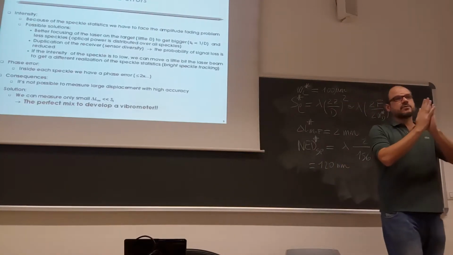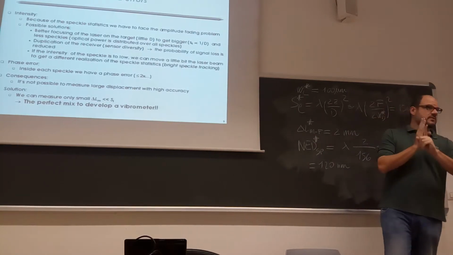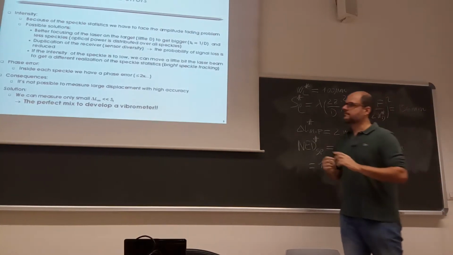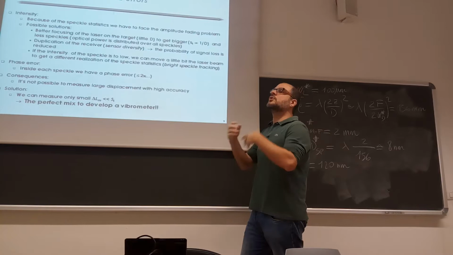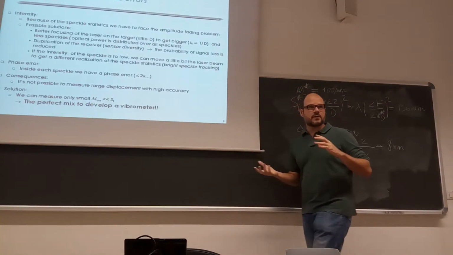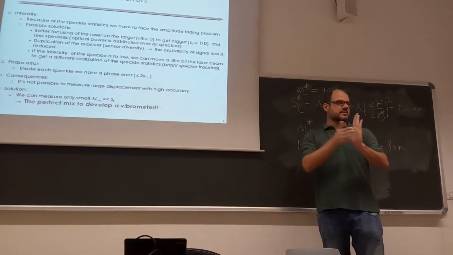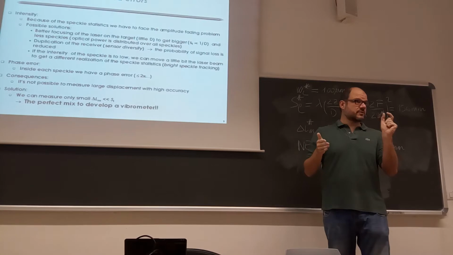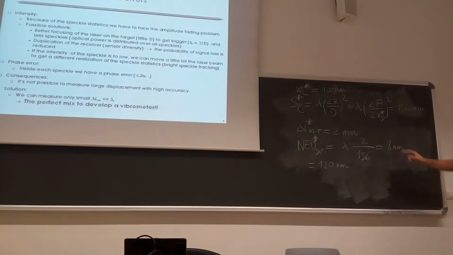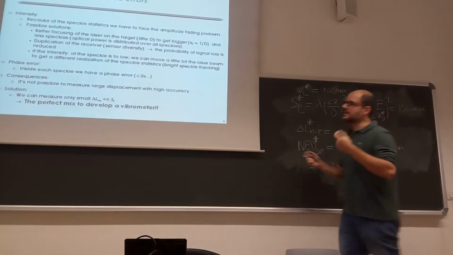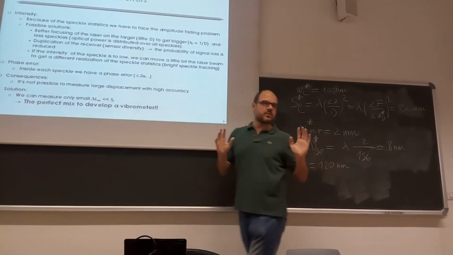So an instrument that is able to measure vibration of an object with respect to a rest position, or to a zero position. Okay, so in a usual condition, when we have a corner cube or reflective target, we can build up an instrument that can measure very large displacement, okay, with very high resolution. In this case, we can still do measurements with very high resolution, but the problem is that we are limited in the dynamic range of displacement. And so this is the perfect condition to build up a vibrometer.